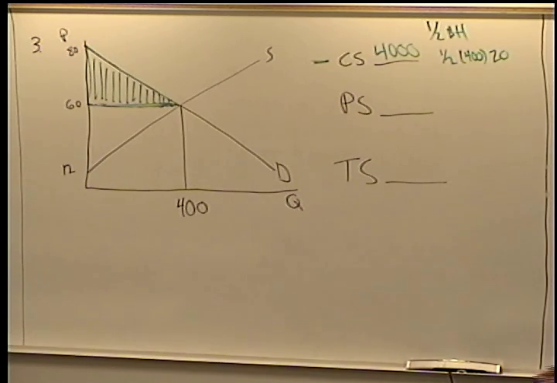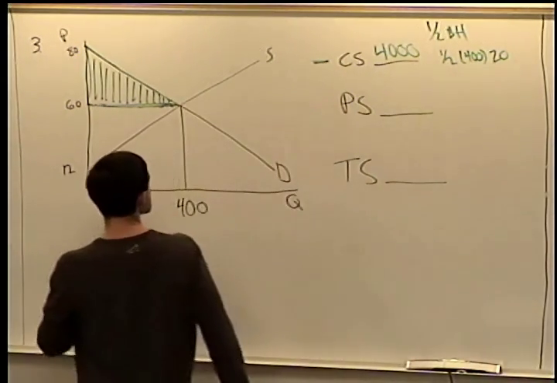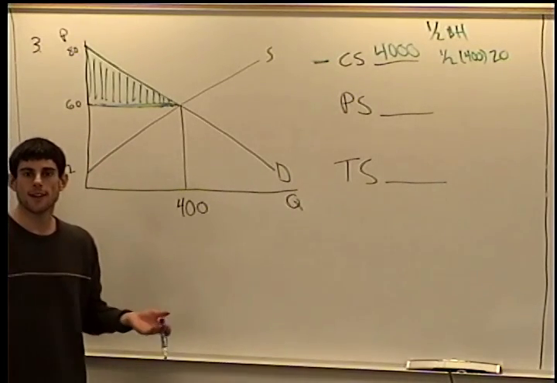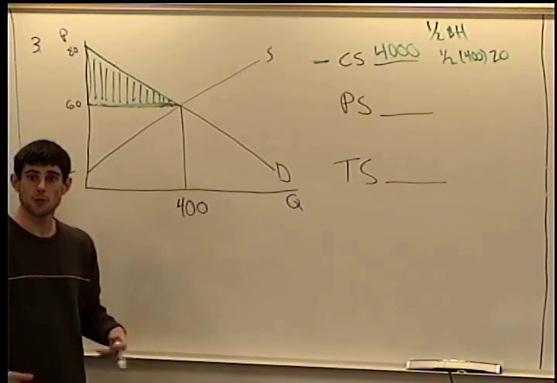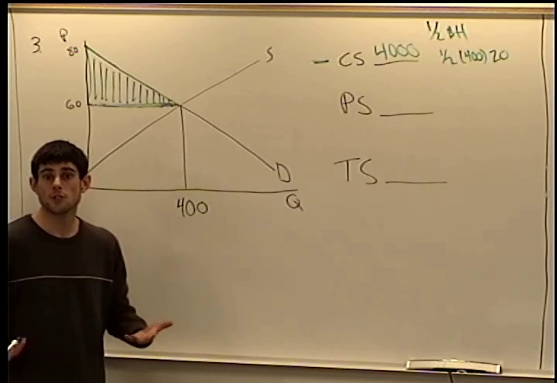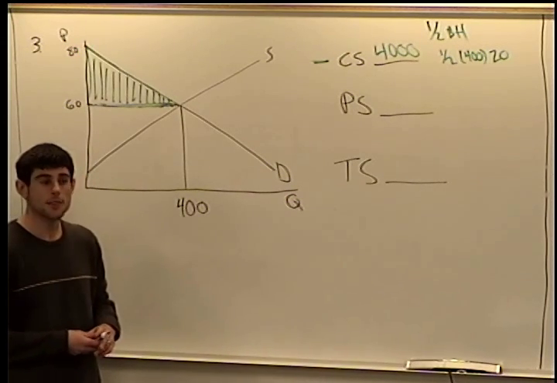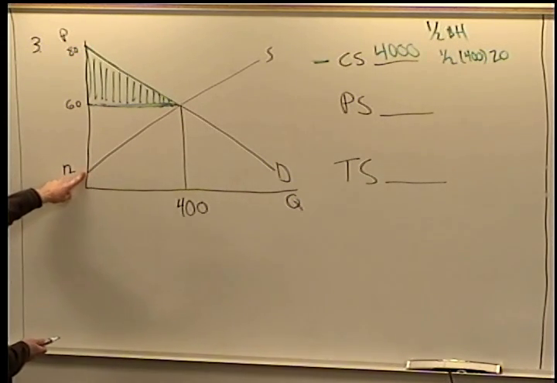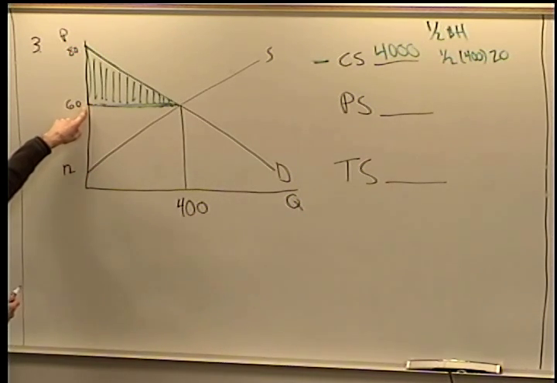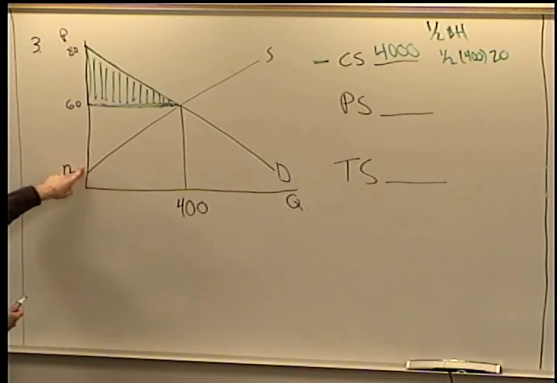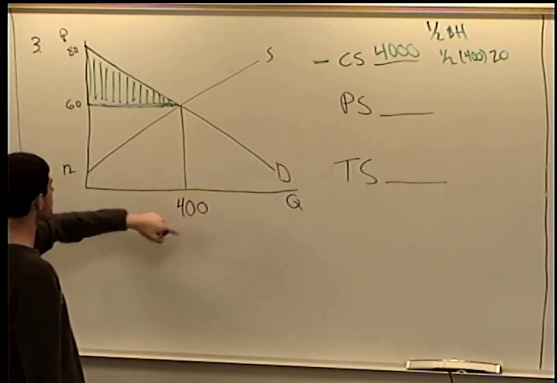Okay. For producer surplus, that's going to be defined as how much better producers are as a result of trade, or it's a measure of their profitability. So one firm can produce this thing for $12, it's their marginal cost, but they sell it for $60. So for that person, they're making $48 of profit. And we're going to add up the profits for all 400 of these.